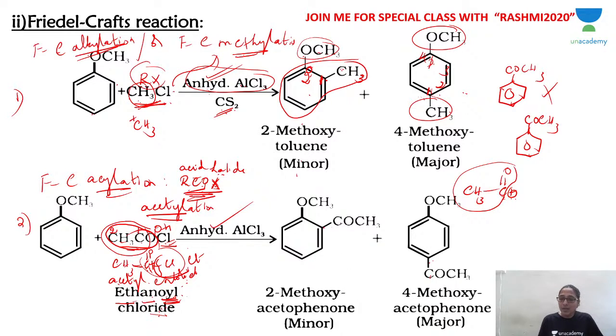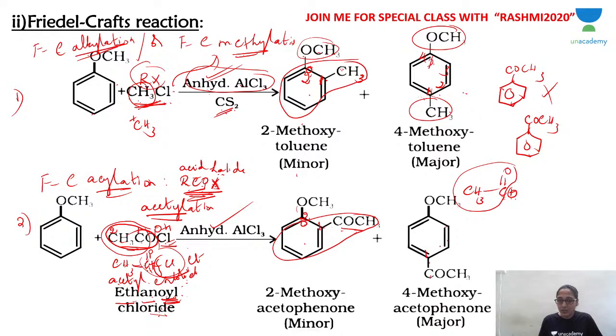So this C6H5COCH3, what is this? Acetophenone, a ketone. With respect to this, this is your first carbon atom, second carbon atom, so ortho position is second carbon atom. So para position is carbon number 4, 1, 2, 3, 4. So you get 2 methoxyacetophenone, or 4, sorry, I wrote it the wrong way.